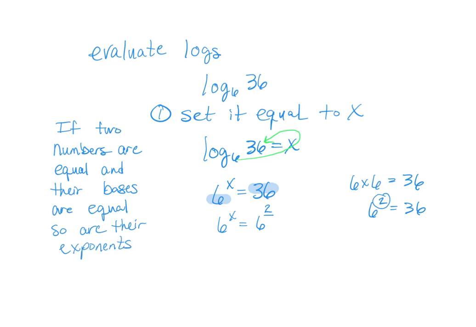So what that means is, if this entire number is equal to this entire number and the base here is equal to the base here, then this number here has to be this number here. So following that, we know that x is equal to 2.